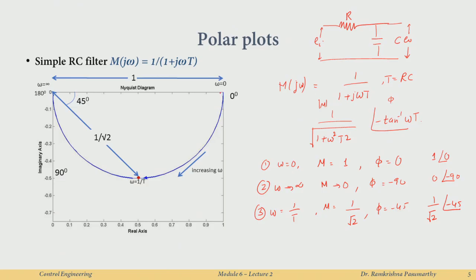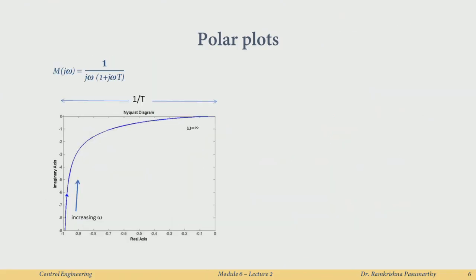Okay, so if I just keep on computing for other values, I see that this plot looks like a very nice semicircle. So from omega 0, I am here, I increase, so the plot travels this direction, and at omega infinity, it just stops here. Okay, so I'll tell you why we are actually doing these plots, but we'll just do some other interesting plots before we even try to understand why we are doing this.